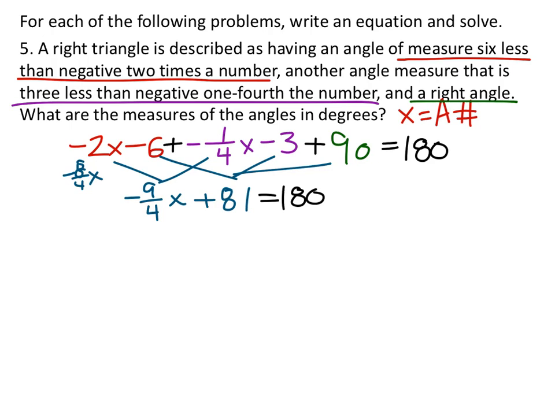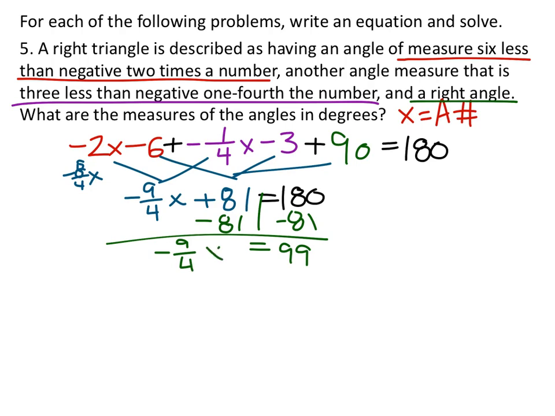So to continue solving, I would subtract 81 from both sides so that I get my x's on only one side of the equal sign. I've isolated the x's. So this equals 99. So negative 9/4 x equals 99. And I'm going to multiply both sides by 4 using the multiplication property of equality.